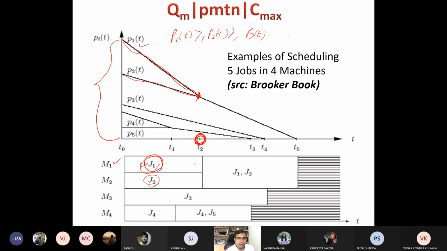At T2, what we'll do, both job 1 and job 2 will co-execute on M1 and M2 simultaneously. So we'll co-execute J1 and J2 on M1 and M2 simultaneously.